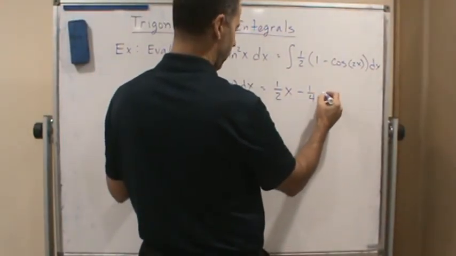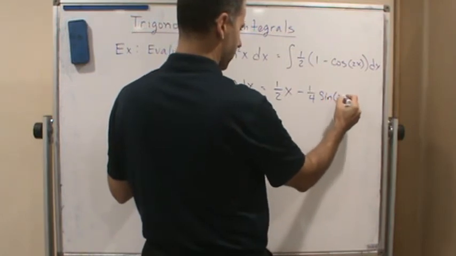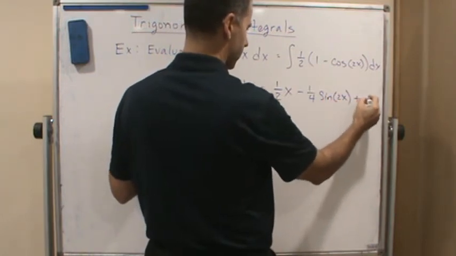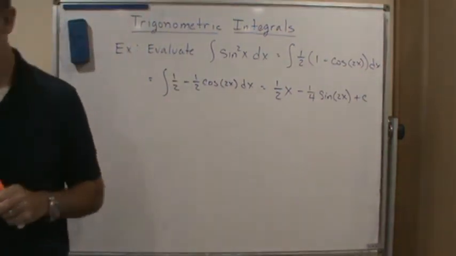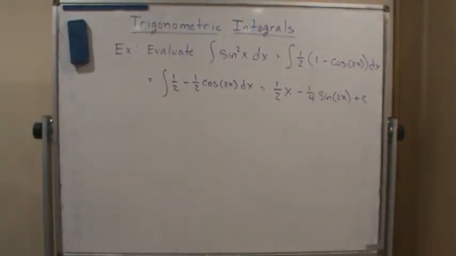So we get 1/4 sine 2x plus c. And that becomes our final answer. And we're done.